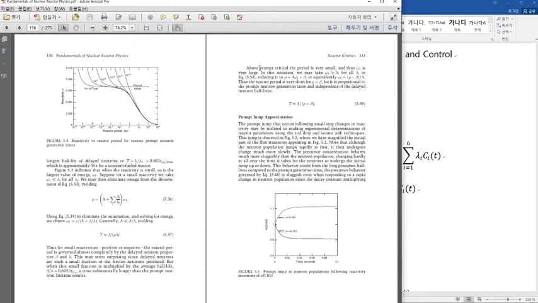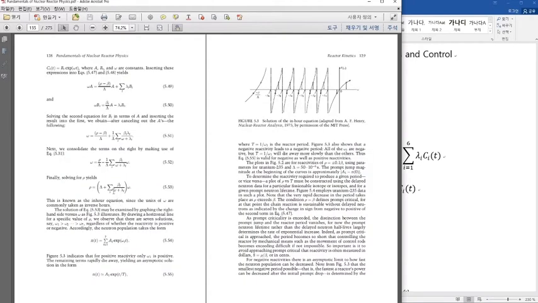And the first special case is above prompt critical. Above prompt critical, the equation can also be easily simplified. In that case, omega actually dominates, and omega will be much bigger than lambda i's.